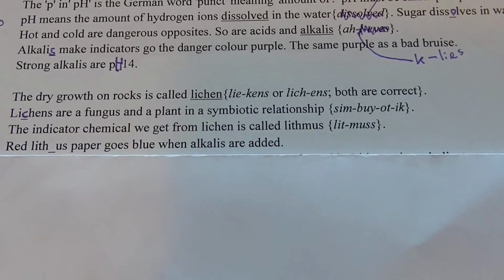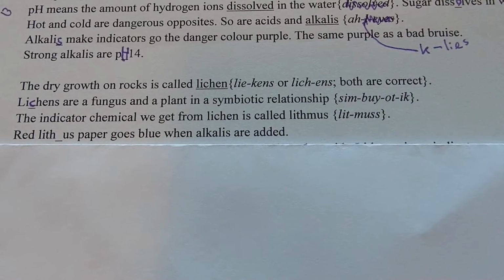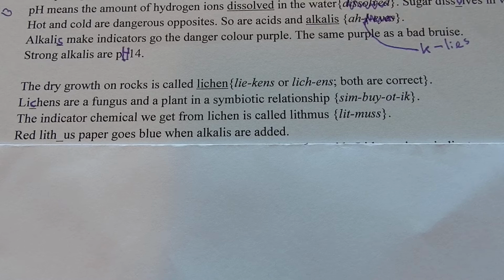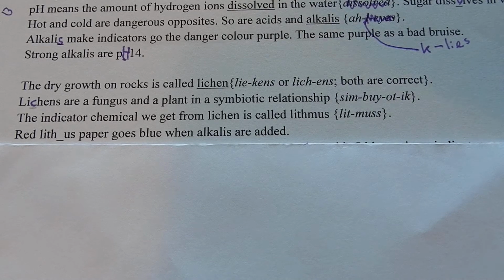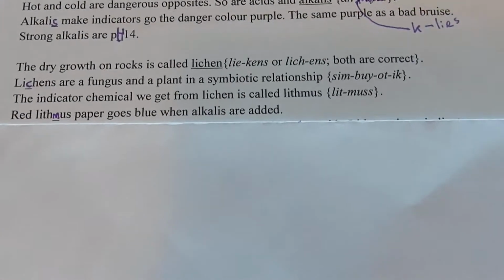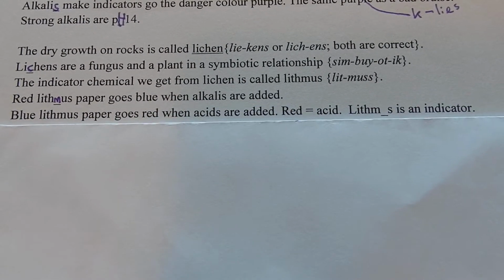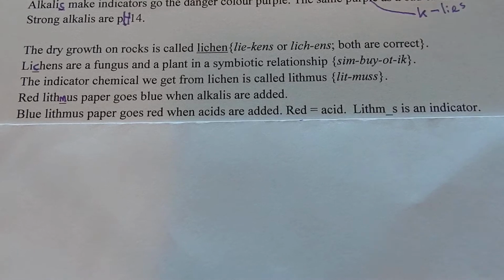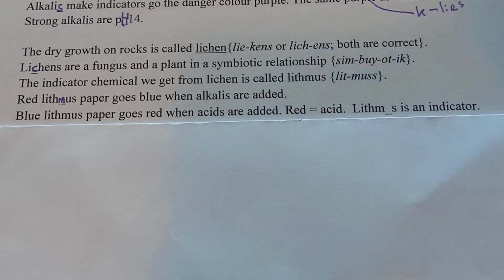Litmus paper. Red litmus paper goes blue when alkalis are added. Blue litmus paper goes red when acids are added.